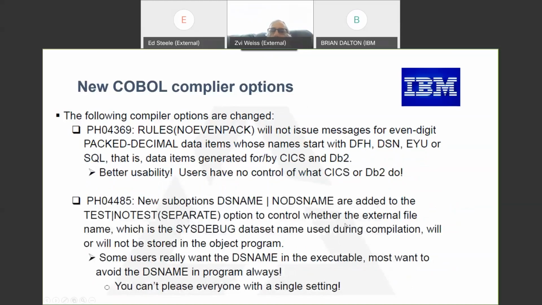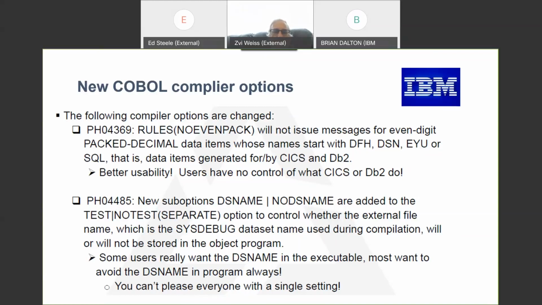Okay, so another compiler option here is the rules in the no even pack. So the bottom line here is that users don't have control over whether a CICS or DB2 translator error messages are not generated for names that start with DFH, DSN, EYU, or SQL if you use the even pack.